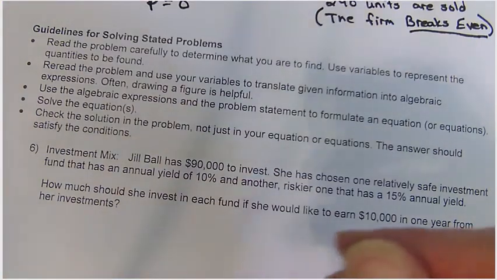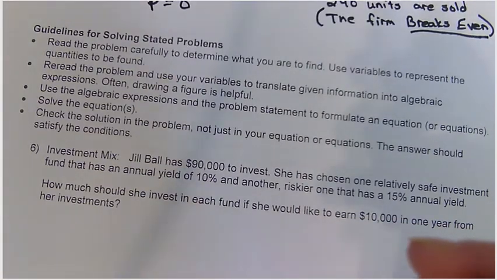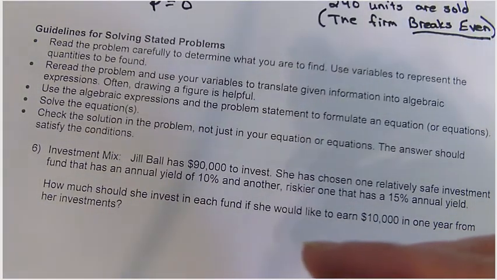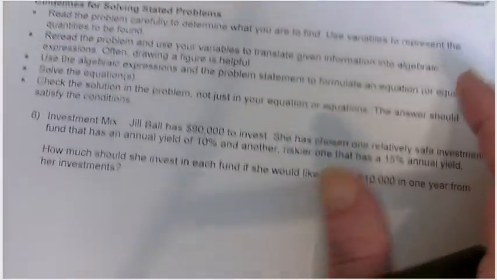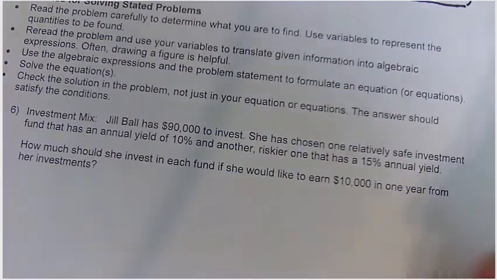Sometimes a figure can help. And then we'll use that expression to make an equation. In other words, there's going to be an equal sign. And then we'll solve it. Check the solution in the problem. It must make sense. It must work. So you'll definitely want to check your answers.